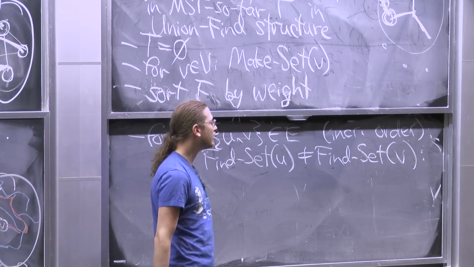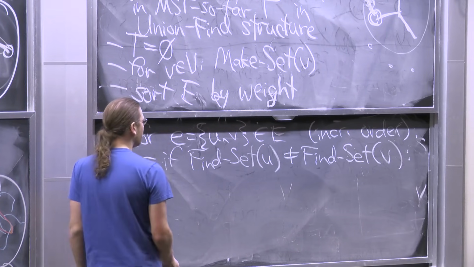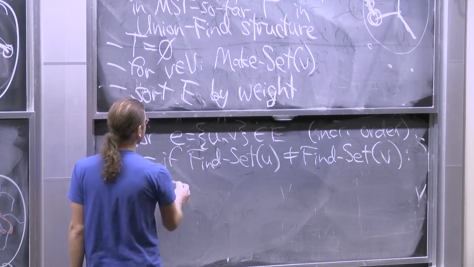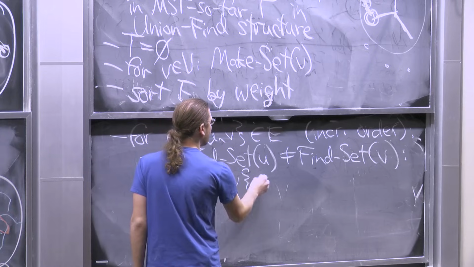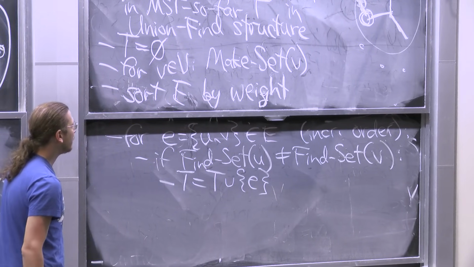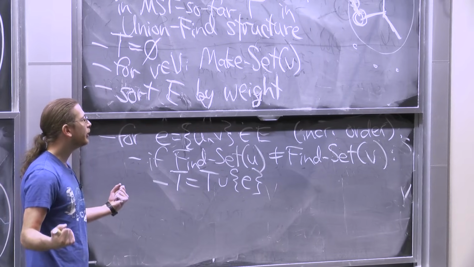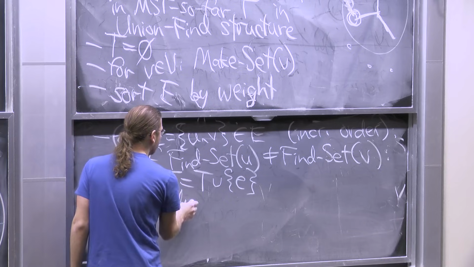But provided they're not equal, then we can add this edge into our tree. So we add E to the set T. And then we have to represent the fact that we just merged the connected components of U and V. And we do that with a union call.